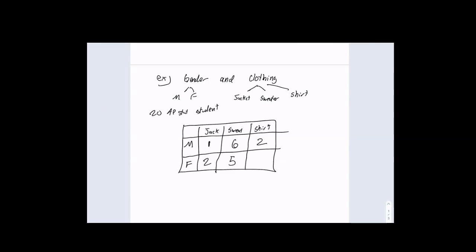What does the last one have to be? And this is going to be more important for like tomorrow. 4. It has to be 4, okay? Because all these numbers have to add up to 20. All right, so we were at 16, so the last one had to be 4. So I just want to kind of point that out. That's something that'll be helpful tomorrow.